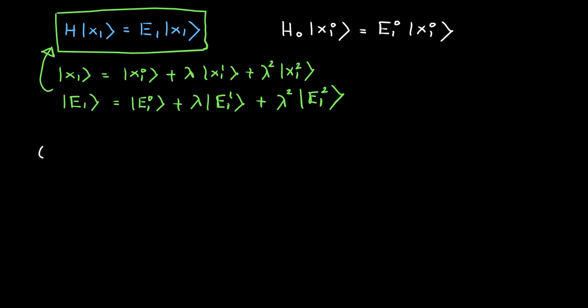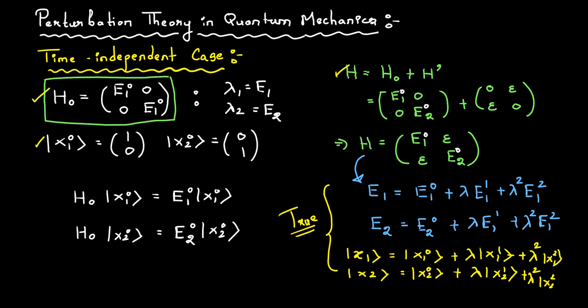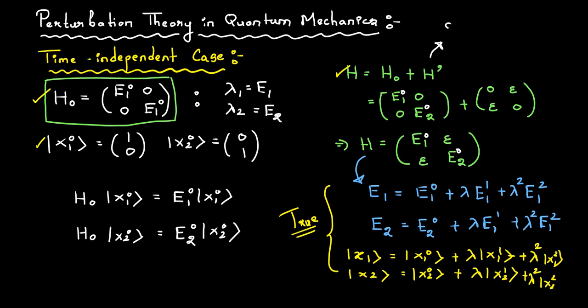So what is your H? It is H naught plus some epsilon V. Did we introduce V? So I can write it as epsilon V, where V is 0 1 1 0. Okay, I can also introduce it in this way, and epsilon is a very small value.